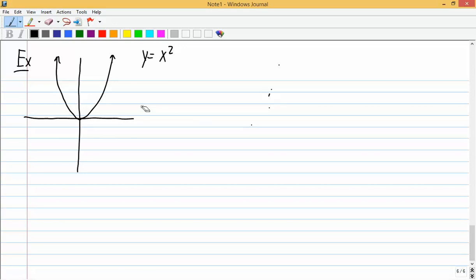Okay. And let's say that I wanted to revolve the region bounded by y greater than or equal to 0, less than or equal to 4, about the y-axis.